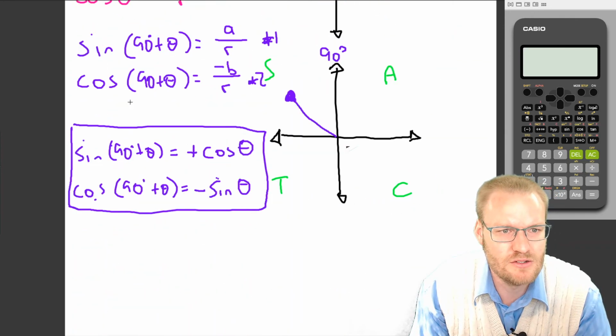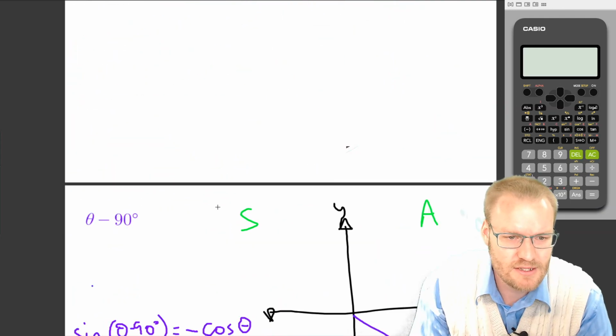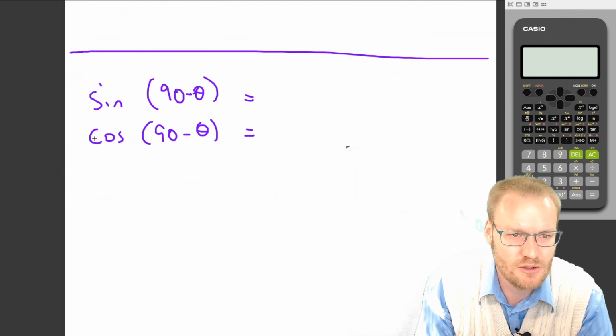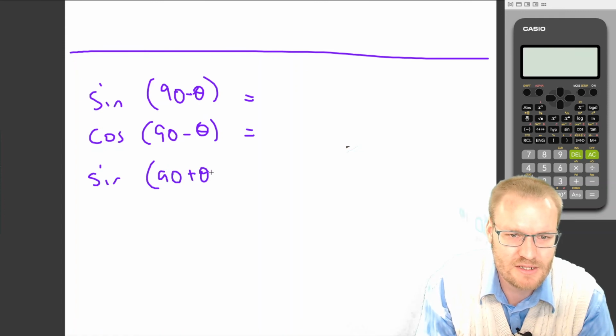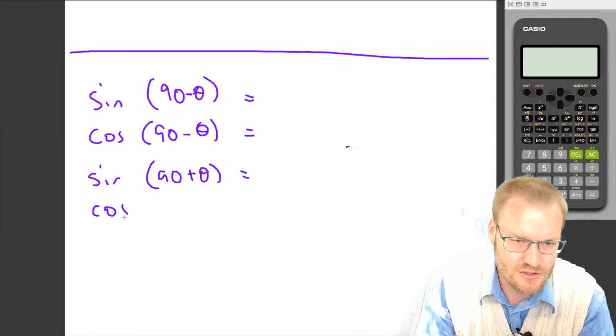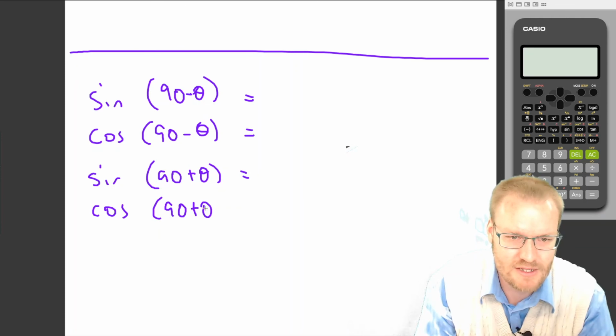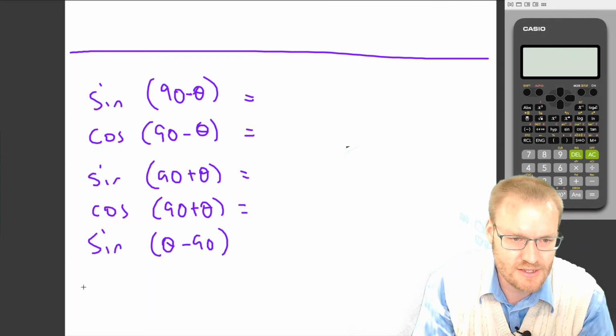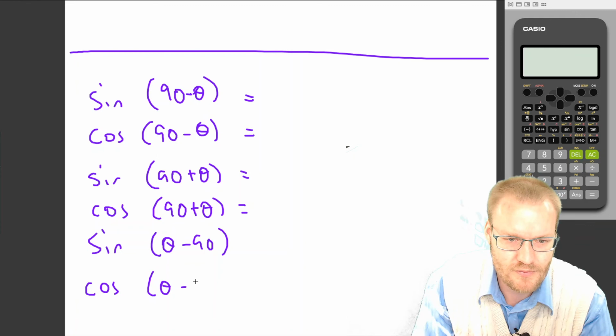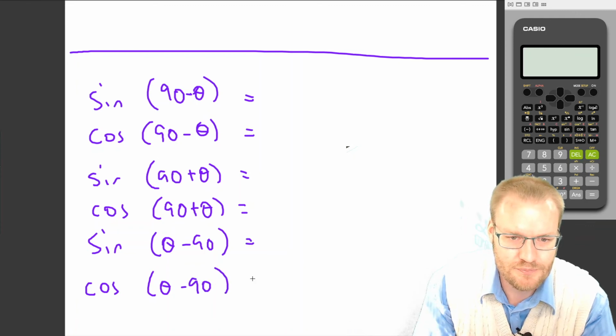And then we said, what about 90 plus theta? So we said, well, we've got sine of 90 plus theta and cos of 90 plus theta. And lastly, we said, well, we could also look at sine of theta minus 90 or cos of theta minus 90.